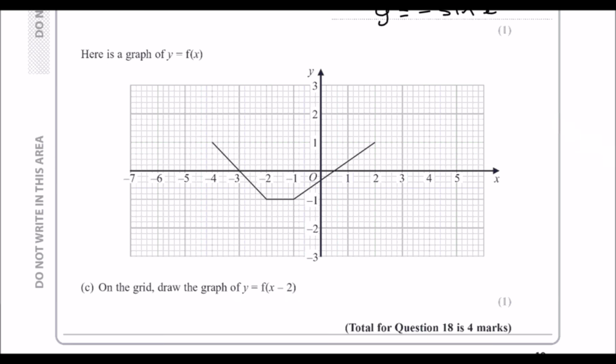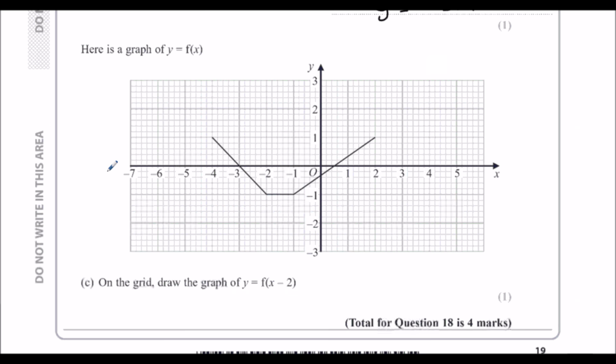And part C, so here is the graph of y equals f of x. On the grid, draw the graph of y equals f of x minus 2. So when we've got inside the bracket, we change the x and we do the opposite to what it says. So it's saying minus 2, so we're going to add 2 to all of the x values.